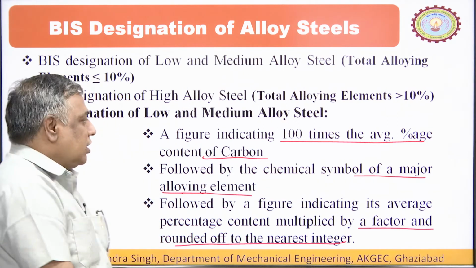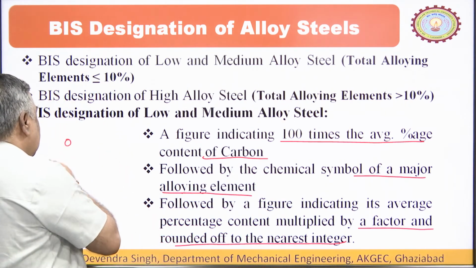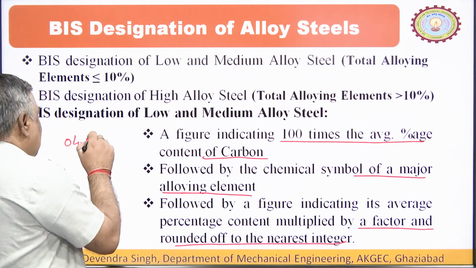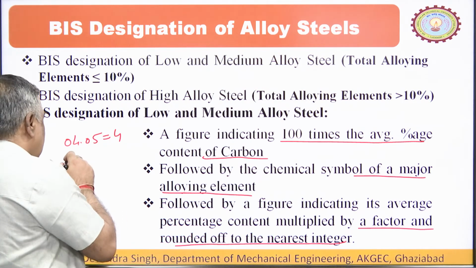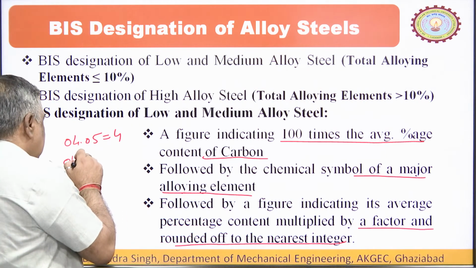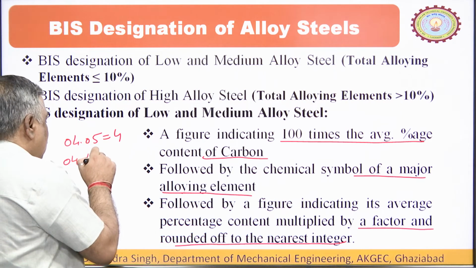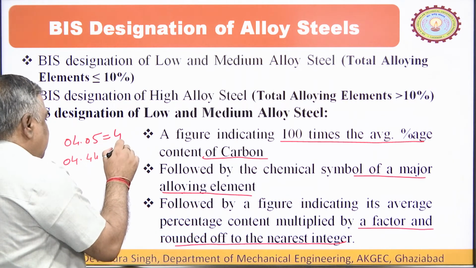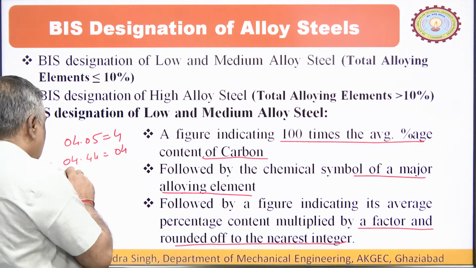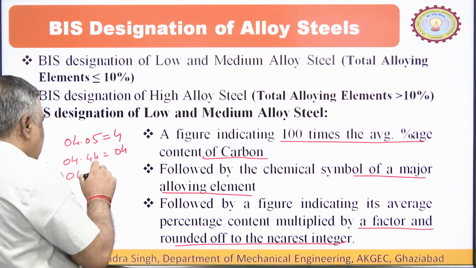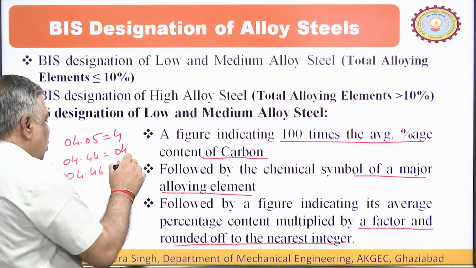International norms means if it is 04.05, it is 4, or I should say 0.04.44, I will write it is 04. If I write 04.46, it will be 04.5.